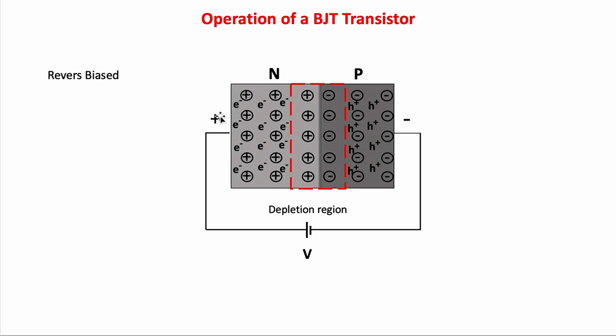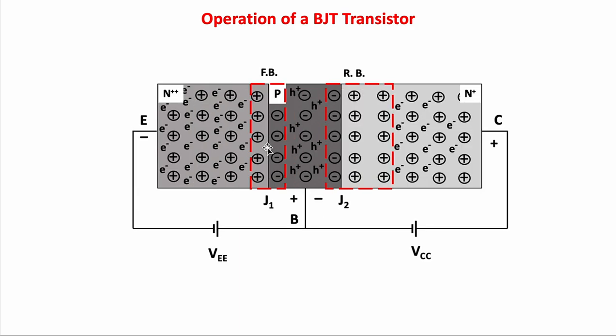The same thing happens here for the electrons and the plus end of the supply voltage; the electrons are attracted to this end. So the depletion region starts to increase, which forms a really high resistance for the electrons and holes to cross the junction. Actually, this junction becomes like an insulator.